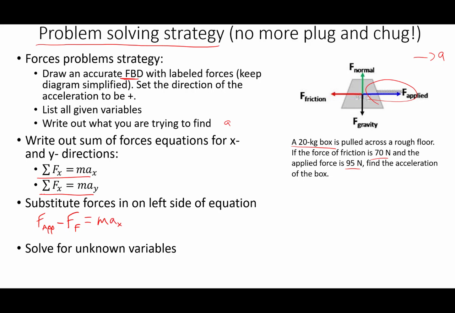In the y direction, we have the normal force pointing up, so we would say Fn, minus gravity pointing down, the force of gravity, or mg, equals, well, we know there's no acceleration in the up-down direction, so mass times acceleration is just 0, equals 0.